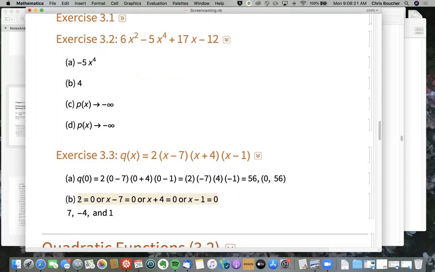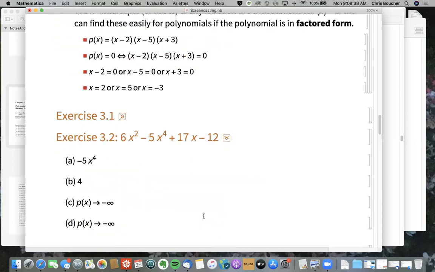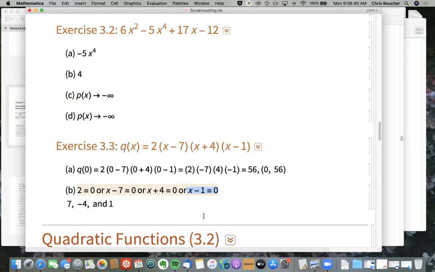But of course, this never happens. 2 is not equal to 0, so I don't get any solutions from the first equation. I only get solutions from these other 3 equations. And the solutions are 7, -4, and +1. Okay, so that's that, just tying up some loose ends on polynomials.